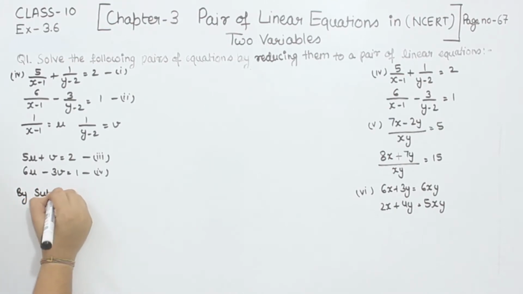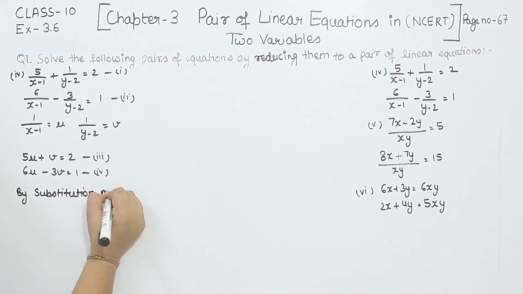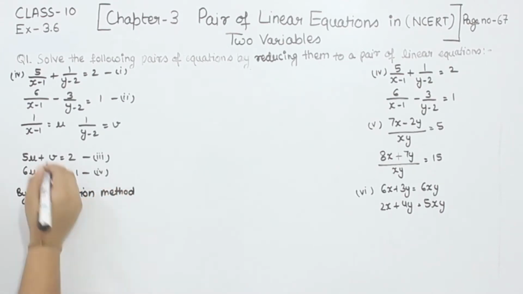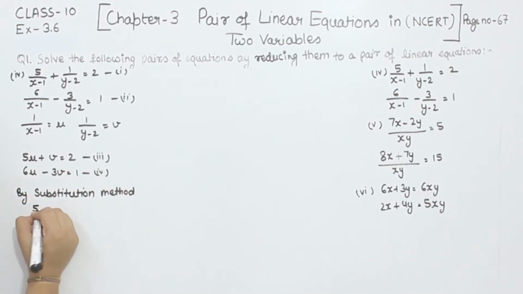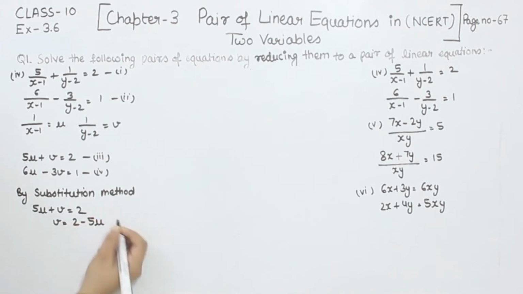By substitution method. First of all, I'm going to take equation number 3: 5u plus v is equal to 2. So v is equal to 2 minus 5u. This is equation number 5. Now I'm going to put this in equation number 4.